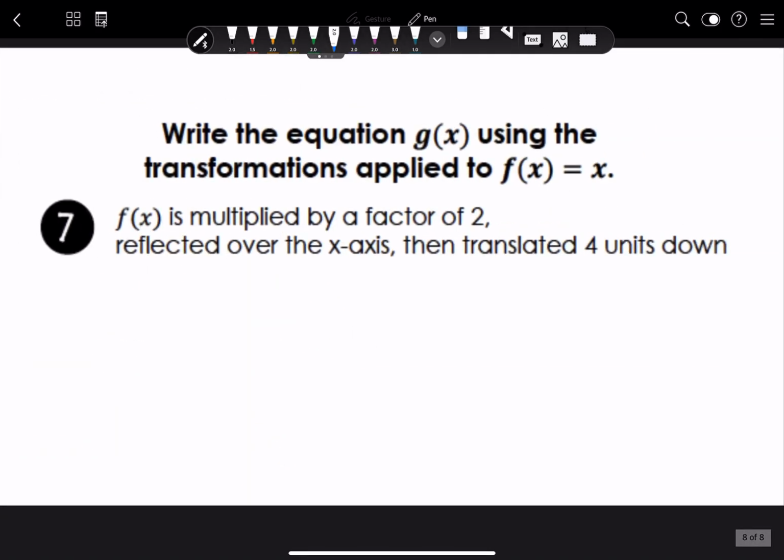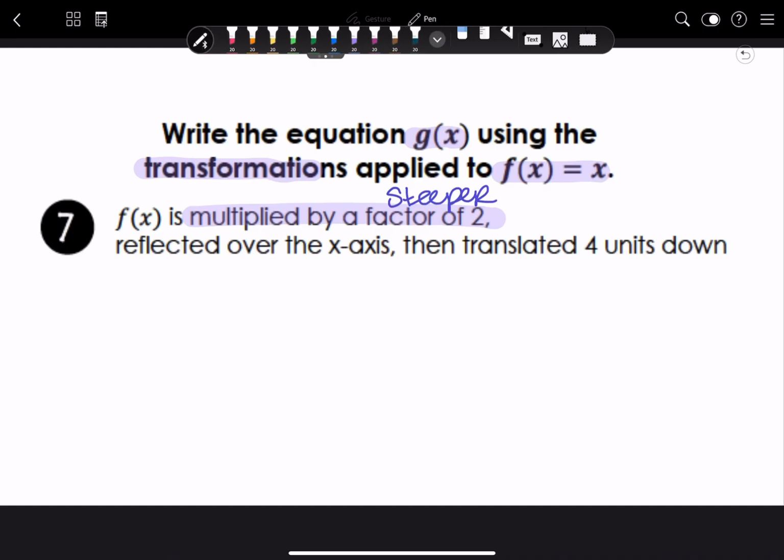Now this last one, I want you to write the equation of g of x using the transformations applied to f of x equals x. And this is kind of how it's going to be phrased on your STAR test. So f of x is multiplied by a factor of 2. If you're keeping track, that means it's going to be steeper, by the way.